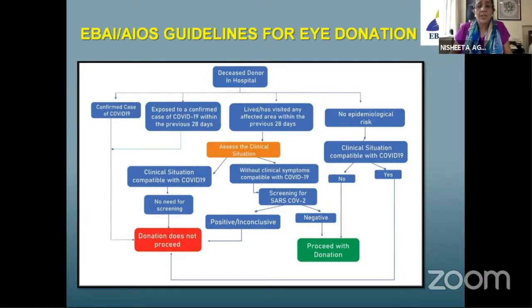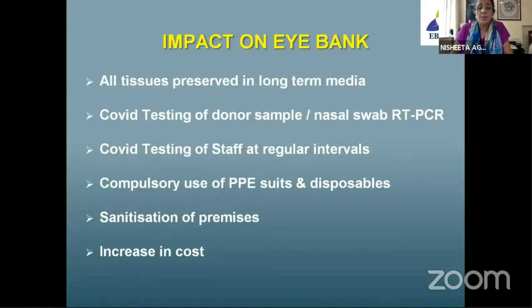The guideline showed us that if we had clear evidence that the patient had no clinical symptoms compatible with COVID-19, and maybe a negative RT-PCR from a post-mortem nasal swab, we could proceed with donation. But while waiting for a nasal swab and RT-PCR, tissues had to be preserved in long-term media.